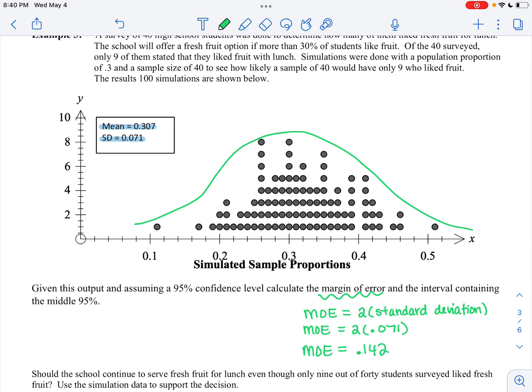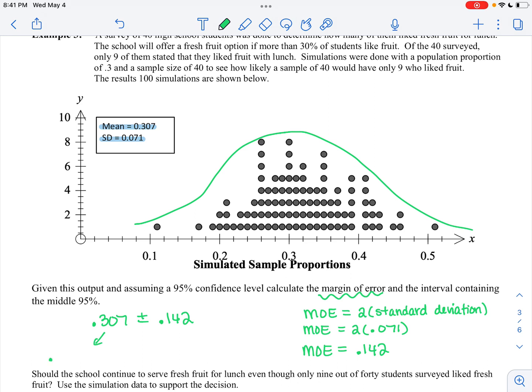we get a margin of error of 0.142. Now we take that margin of error and use it to calculate the interval containing 95%. I need to take my mean, 0.307, and add and subtract that margin of error. Let's start with the left side.